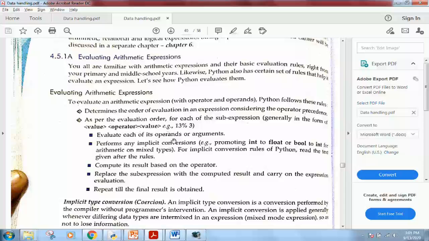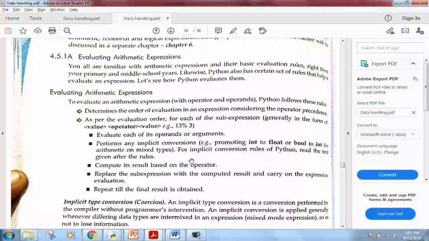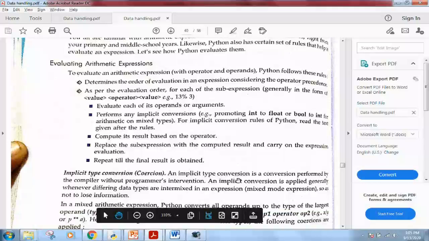During the solution, there is a requirement of one more thing, implicit conversion, that is done by the compiler or interpreter itself, promoting integers to float, bools to integers according to the requirement. I will explain this with examples. Actually, this type conversion is done by the compiler without the programmer's choice.